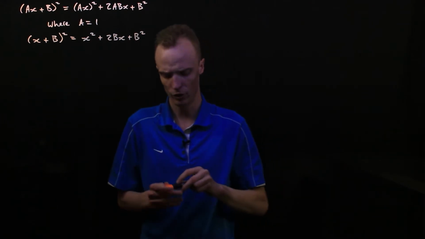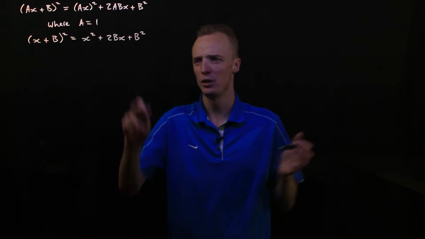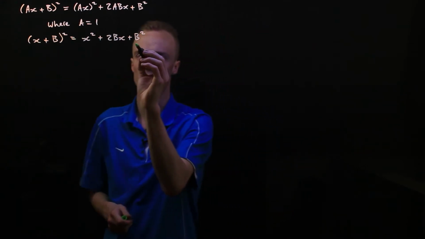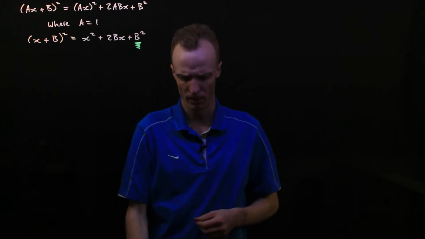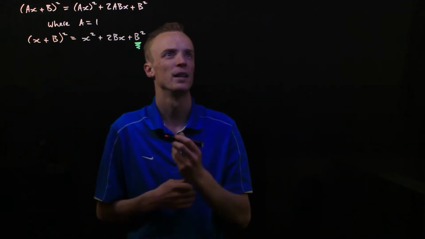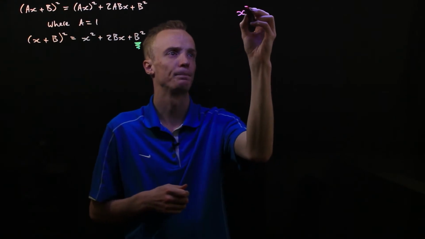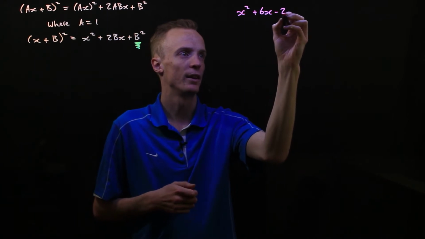So what I'm essentially trying to do in the problems that I'm looking at now is to determine what this b value here has got to be. So let's take a look at a problem now to explore this. What if I had, let's say, x squared plus 6x subtract 2.